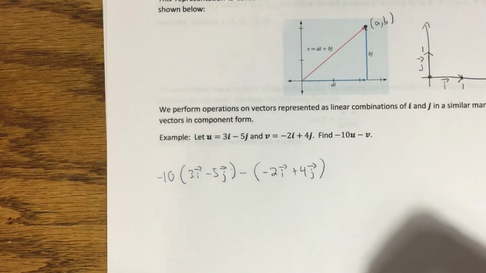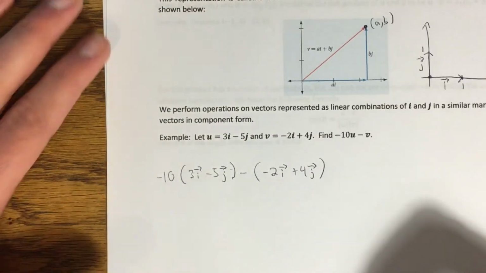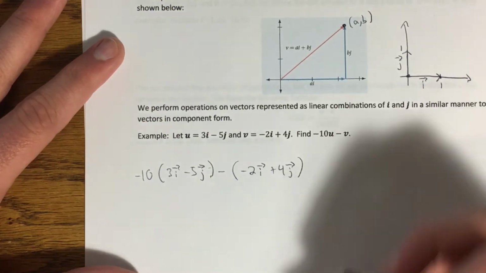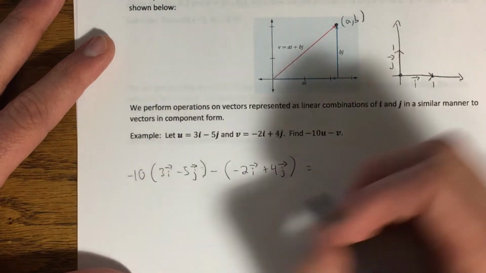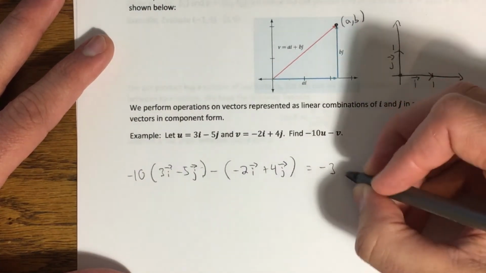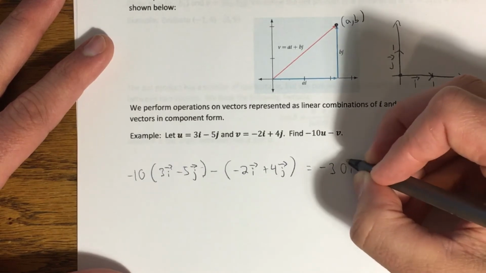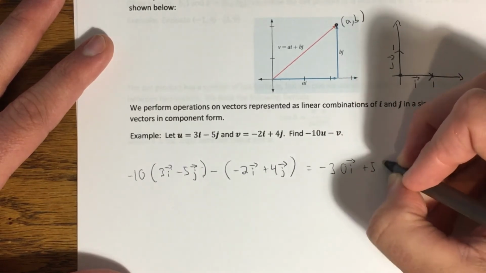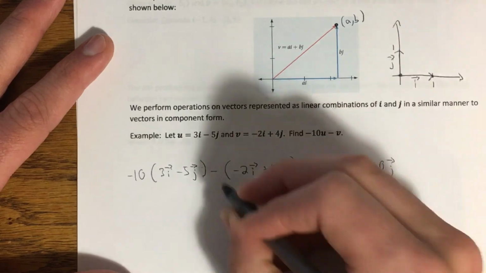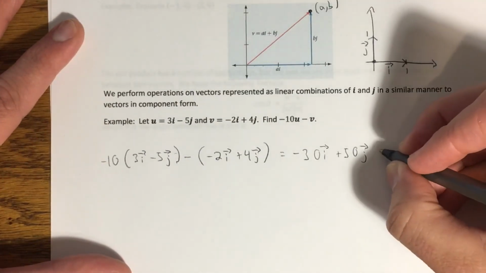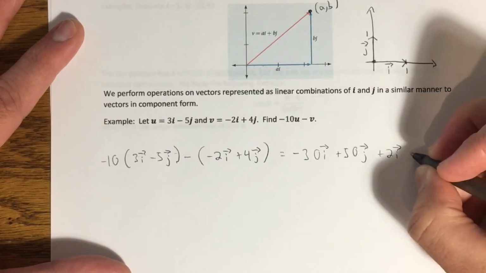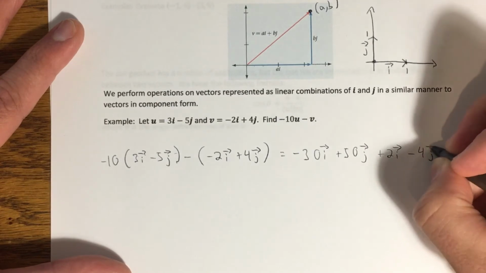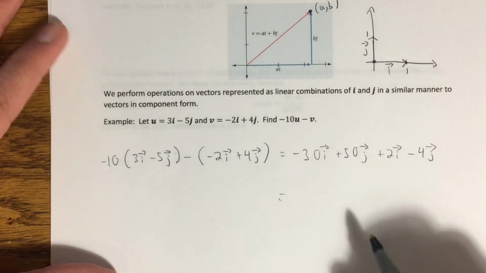And at this point, you can really just think of the i and j like variables. It's essentially just performing some algebra, combining like terms. This would be equal to, after distributing the negative 10, negative 30i plus 50j, distributing the minus sign in here, positive 2i minus 4j. Think of it as combining like terms now.